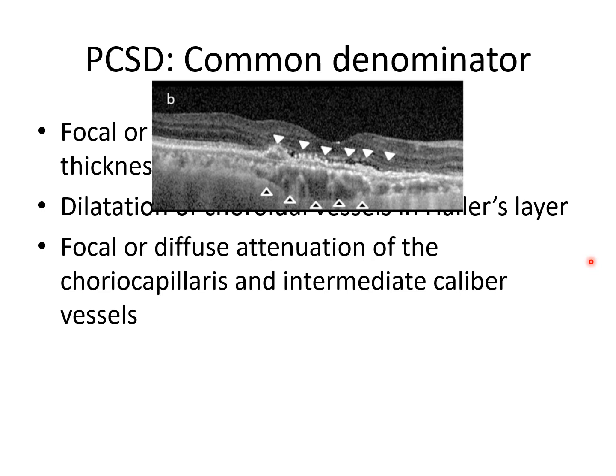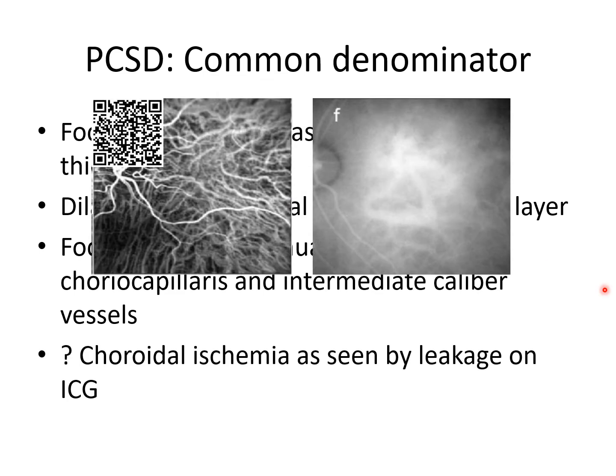Another denominator is focal or diffuse attenuation of the choriocapillaris and intermediate caliber blood vessels. So here we can see the choroid is not only thick, but the medium caliber blood vessels and the choriocapillaris are absent, or there's only dilated blood vessels. All these changes are supposed to be because of ischemia.